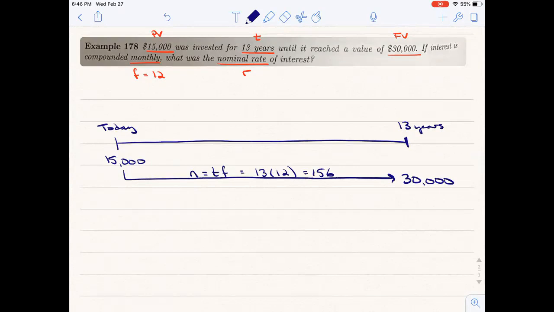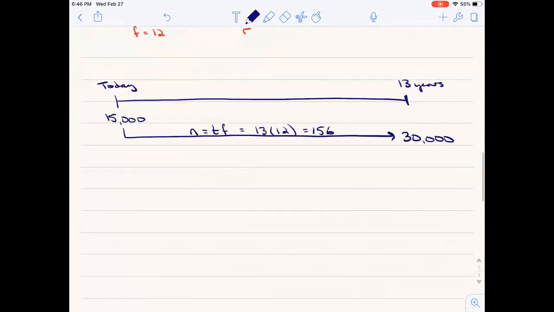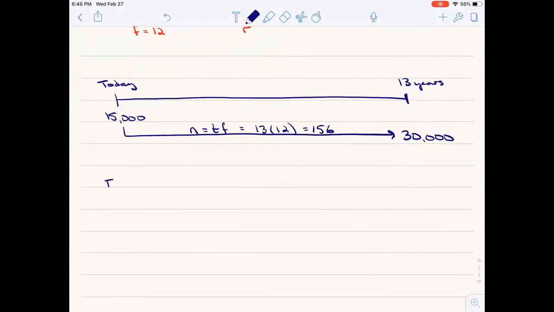I should grab my calculator just in case. I've got it here, so that's why I'm confident. And then we want to find I.